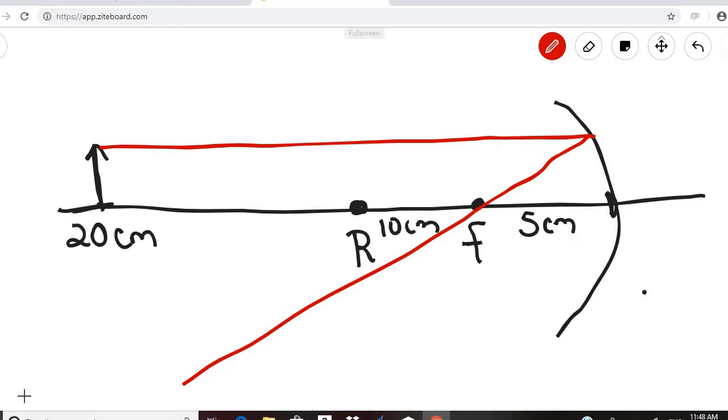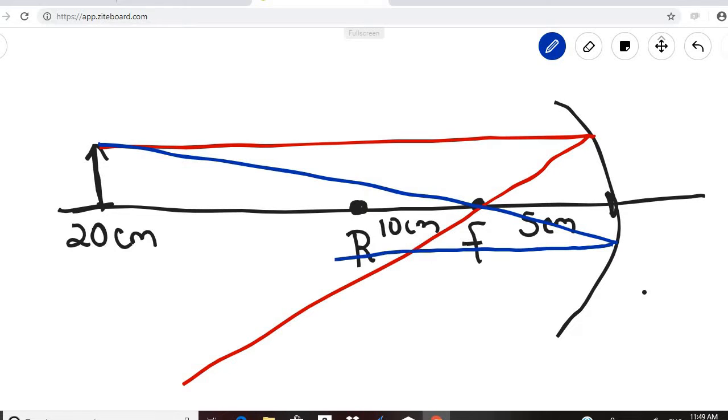So in from the top of the object horizontally, and it will reflect through the focal point. Then we'll use our blue marker to show that if the beam of light goes in through the focal point on the way in, it will strike that mirror and be reflected horizontally.